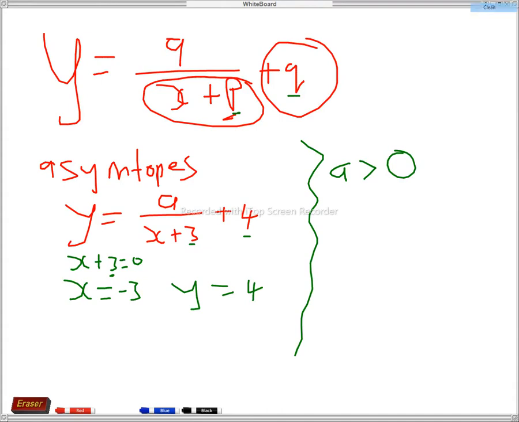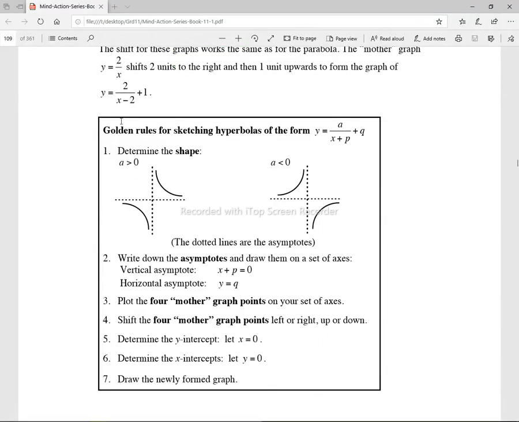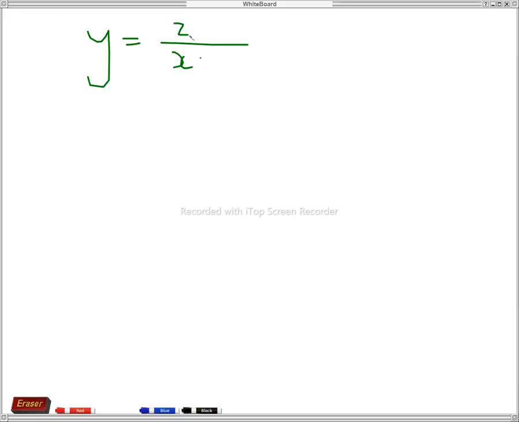Let me clean here. Suppose we're given something like 2 all over x minus 2, plus 1. I have to sketch this function. Remember, it's a hyperbola. First of all, I'm going to start with the shape.